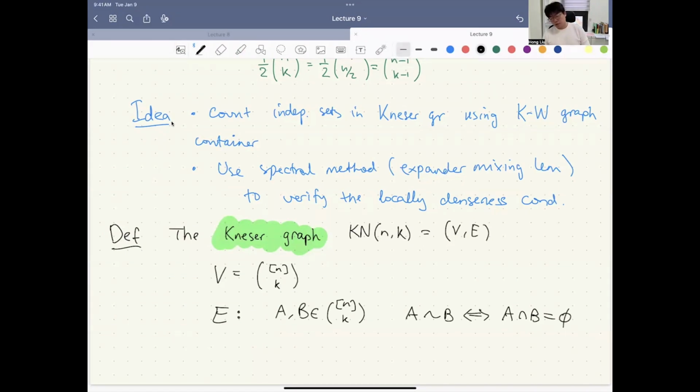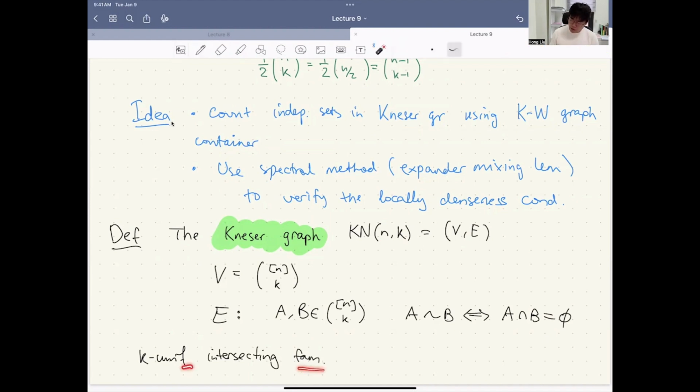Now, good. If we have a k-uniform family that's intersecting, this is a family consisting of k-sets on some ground set of size n, which is basically a set of vertices.